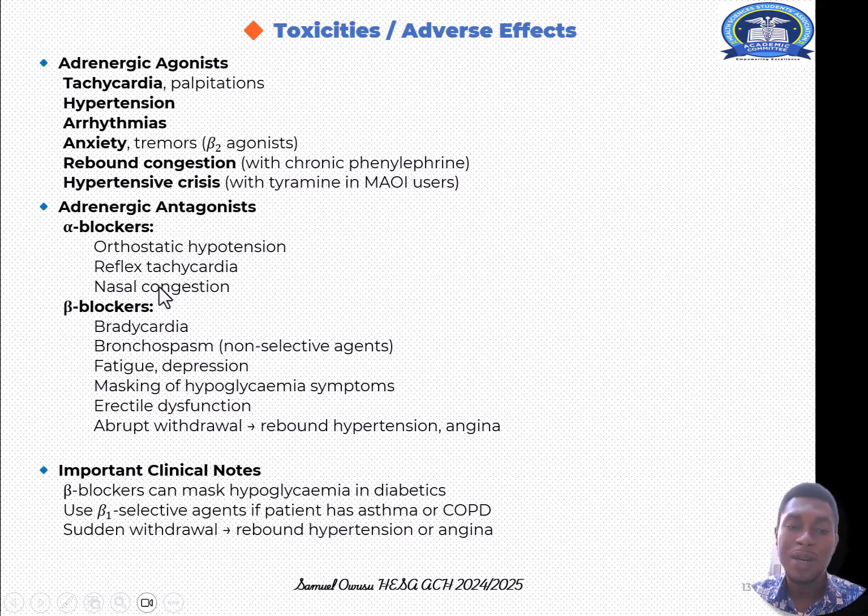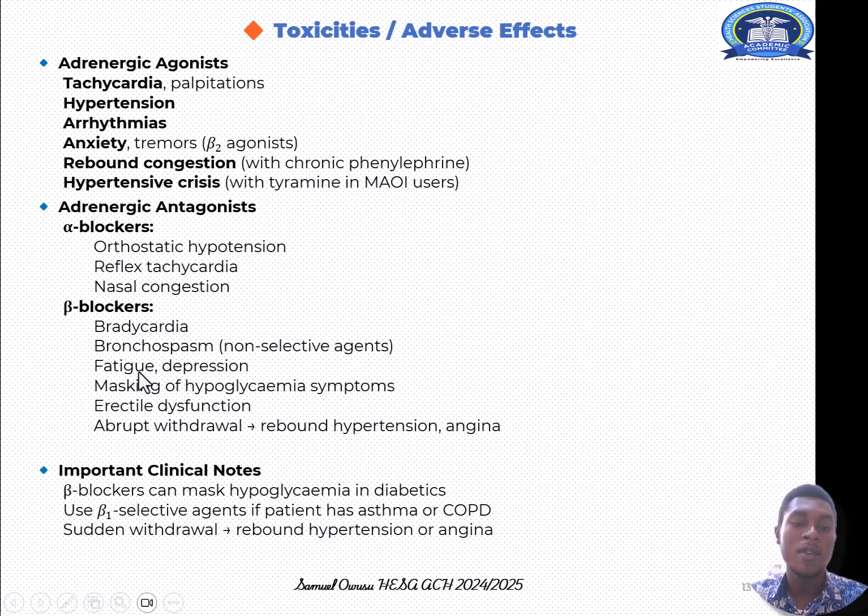Okay, adrenergic antagonists: when you block alpha receptors, you have effects like orthostatic hypotension, reflex tachycardia, and nasal congestion. Remember what agent is used for nasal decongestion? Phenylephrine. So you use phenylephrine to reverse this. Then beta blockers cause bradycardia because they lower the heart rate. There is bronchospasm, so it causes the bronchial airways to constrict, and you don't want to use them in such cases.